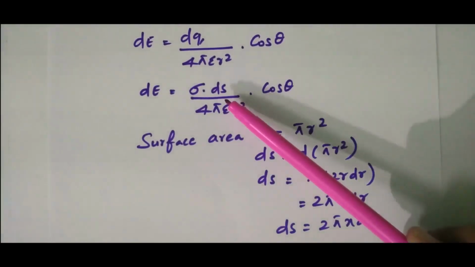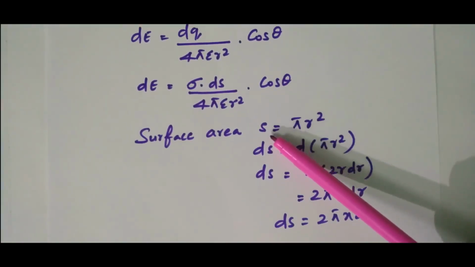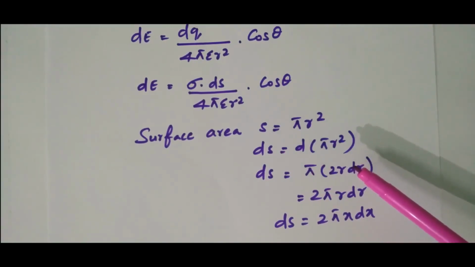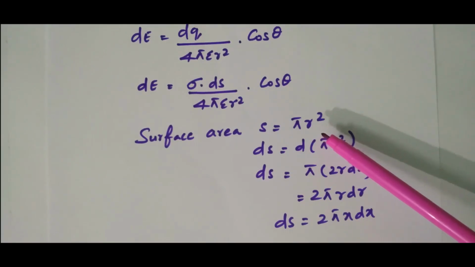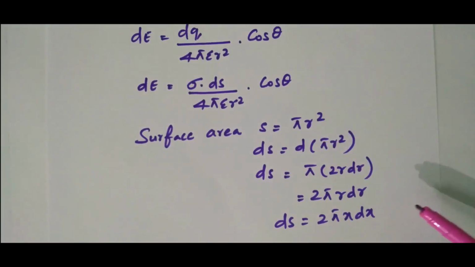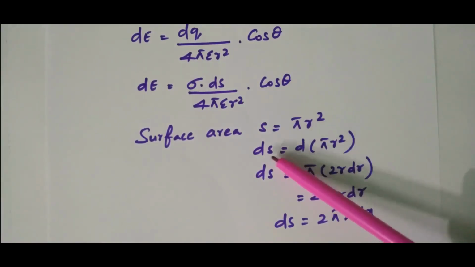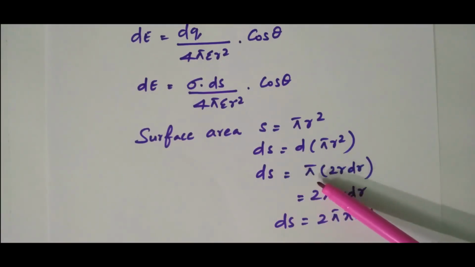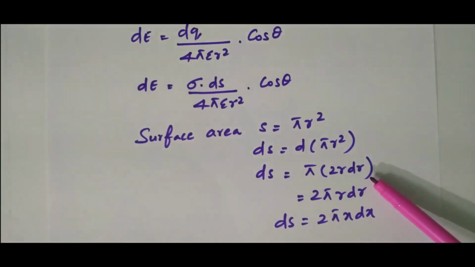Now we'll see the expression for this ds. This S is nothing but the surface area of the disk. It's like a compact disk. S equals pi r square. You know that the area of the disk will be pi r square. Here we need ds, so differentiate on both sides. So ds equals differentiation of pi r square. So ds equals pi times the differentiation of r square, which is 2r into dr, right?